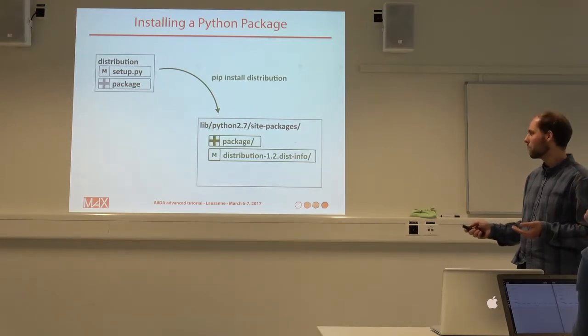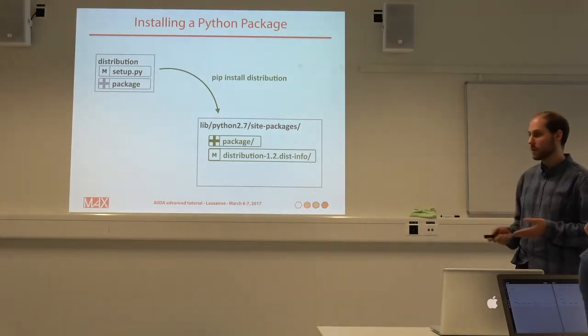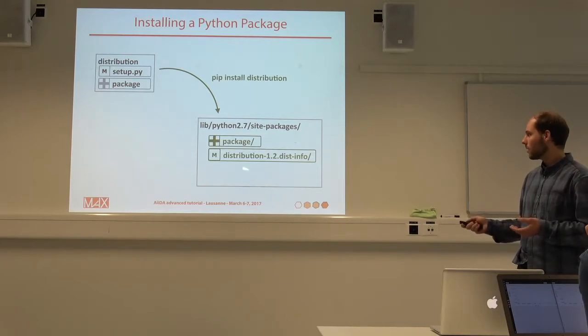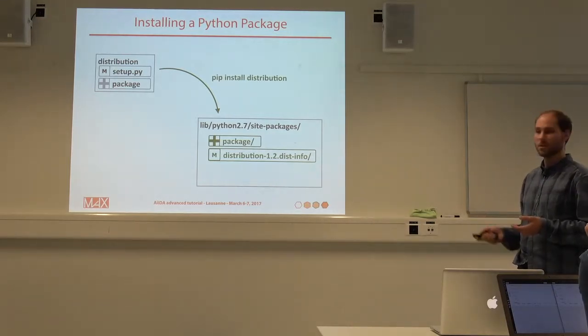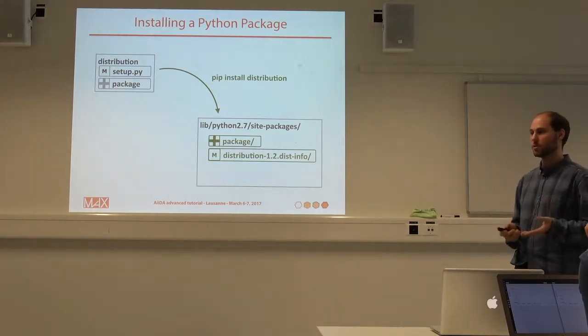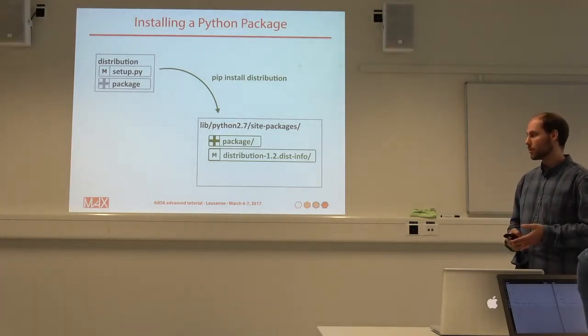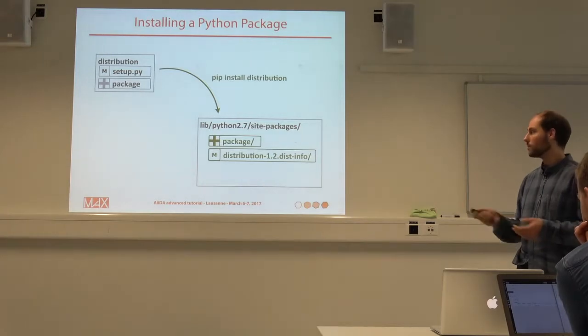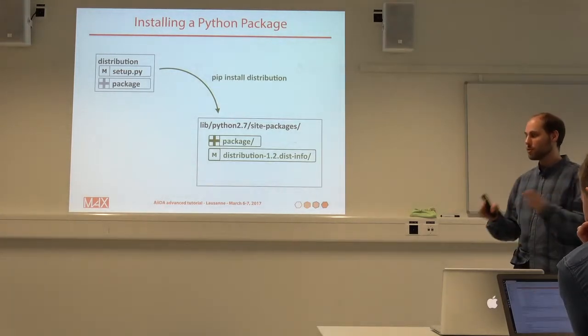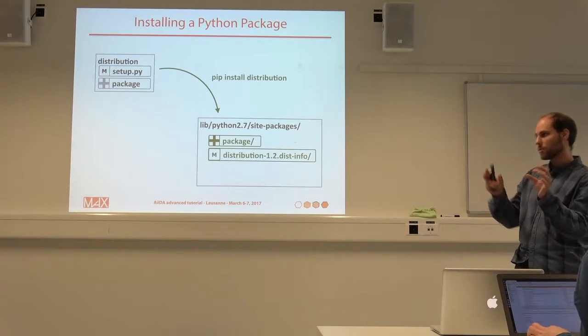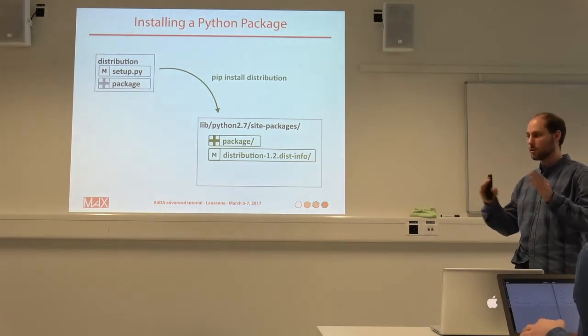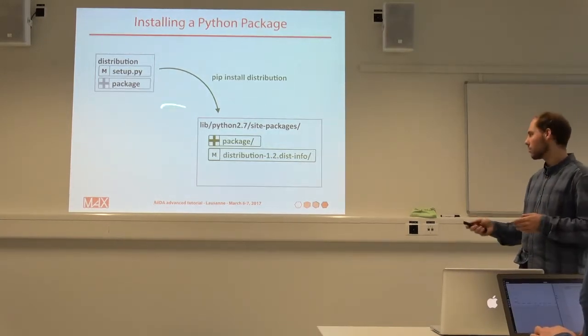This is pretty much what it looks like on your computer. And it will install a separate directory with meta information, like dependencies and the version of the dependencies and other things, and some of the other things we actually use to make that magical. You just install both packages and they work together. We make that work through this.